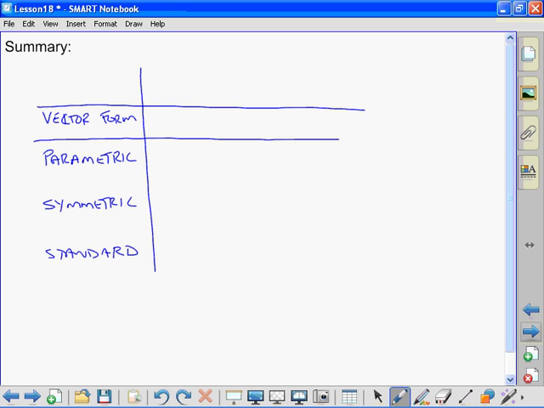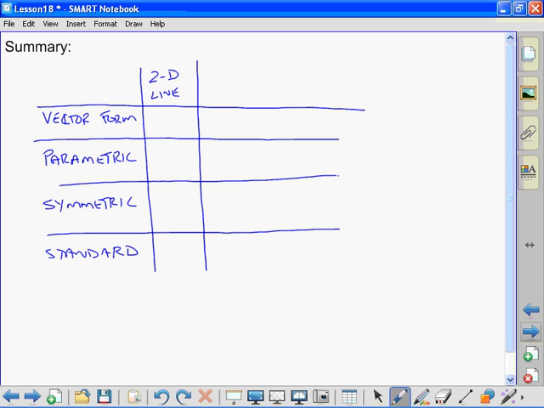In my first column, we'll talk about the 2D line. So what forms exist for a 2D line? I can write it in vector form, I can write it in parametric form, I can write it in symmetric, and I can write it in standard. So all 4 forms exist for a 2D line.